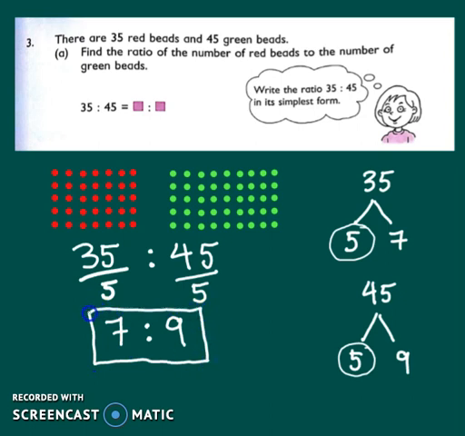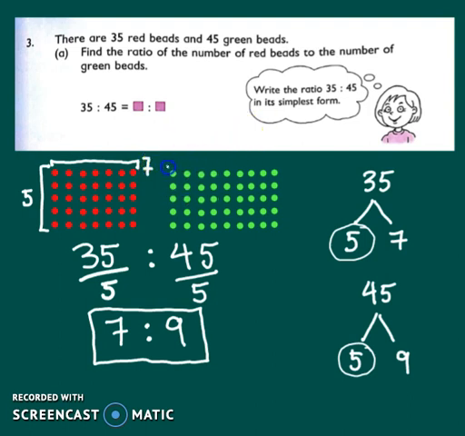And if you take a look at the way that we set our beads up here, as you can tell, they are set up in rows of 7. So we have 5 rows, and each row contains 1, 2, 3, 4, 5, 6, 7 beads.